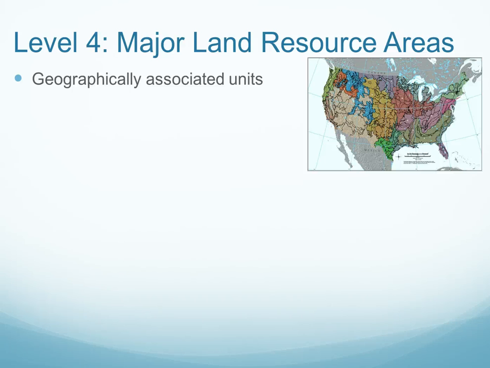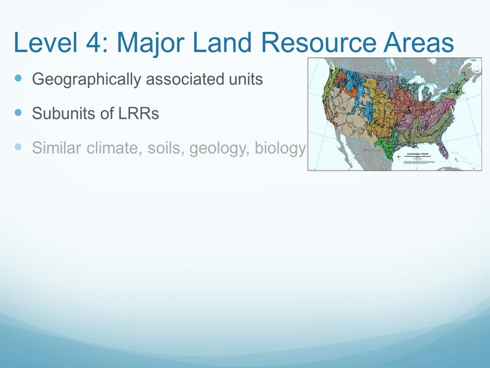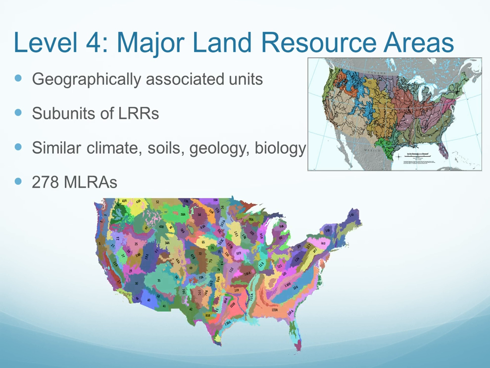The next level of organization are the major land resource areas, or MLRAs. These are geographically associated units that are all subunits of a land resource region. So each MLRA is incorporated in only one land resource region.